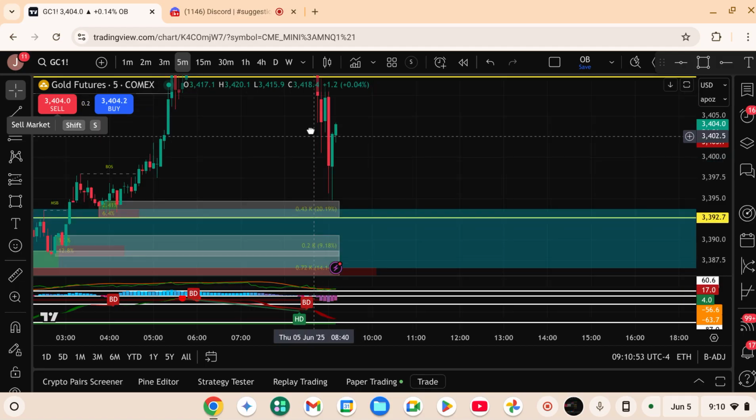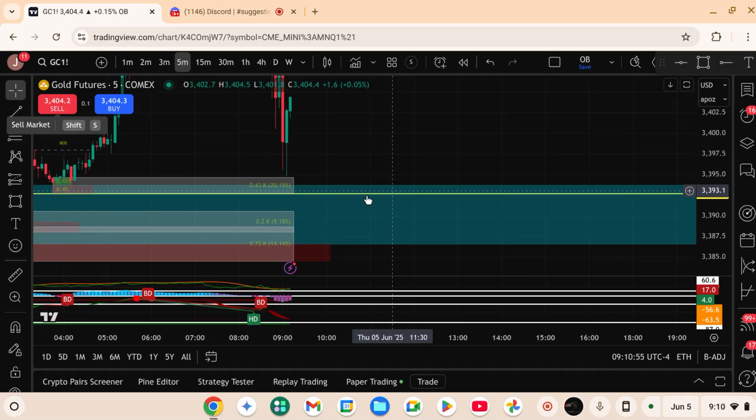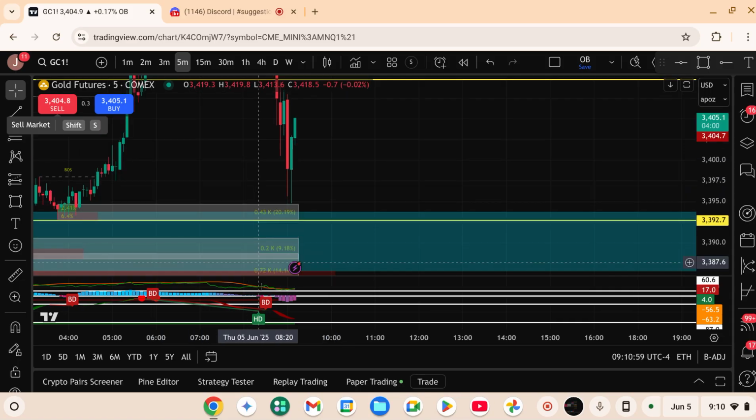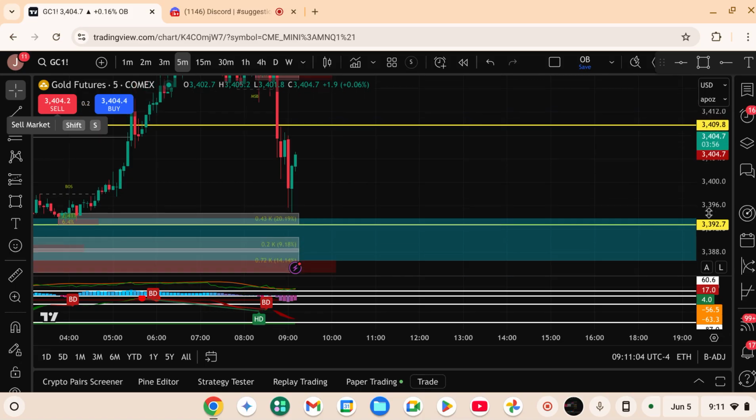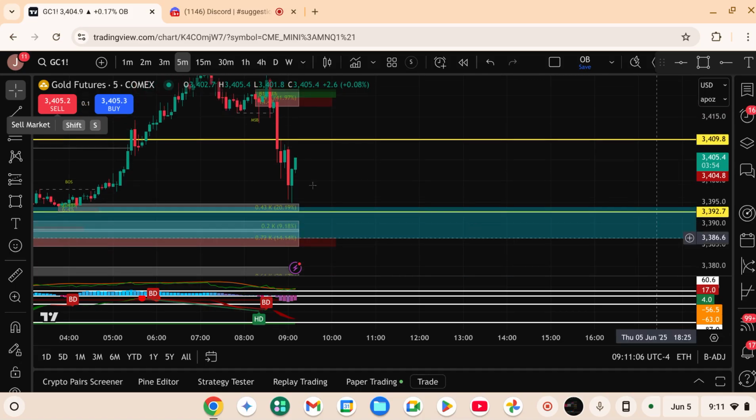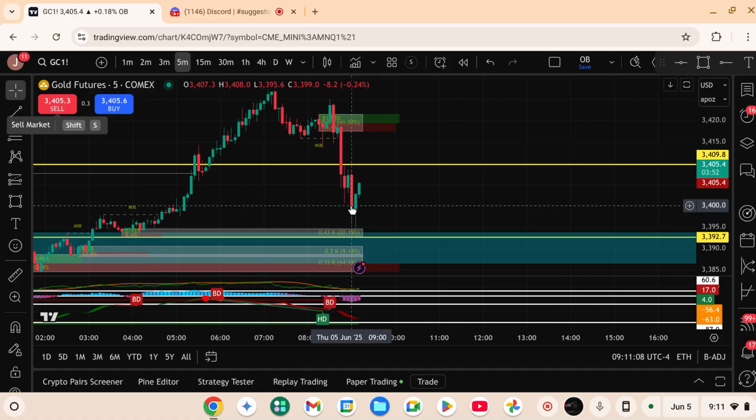And then did that tap into? No, it didn't. It didn't even tap this order block. So it's probably gonna do like a fake out. Like market open is probably gonna push it back down because it didn't even tap into here. It didn't even touch this 5 minute order block.